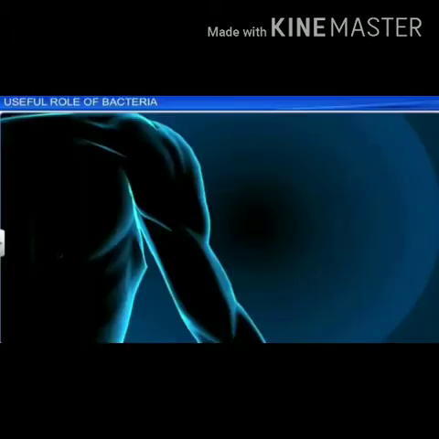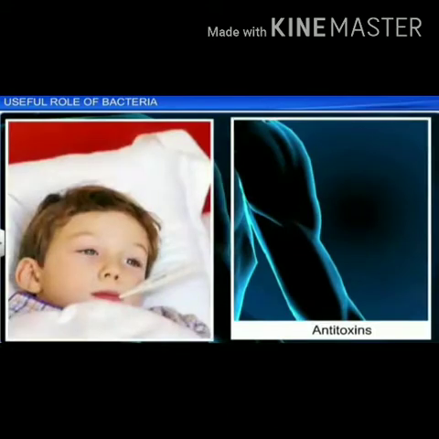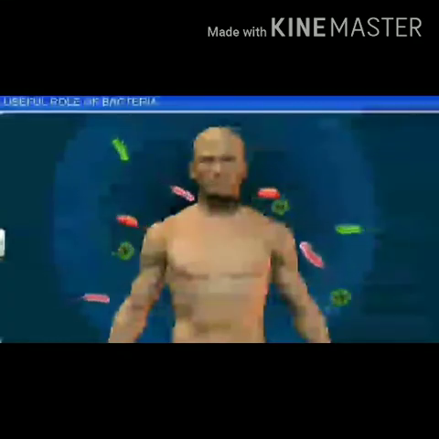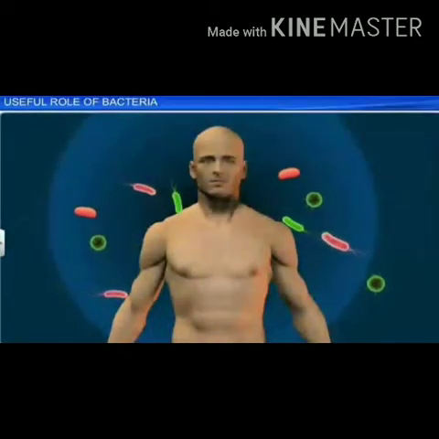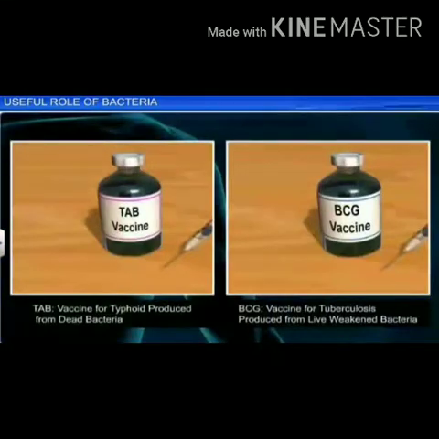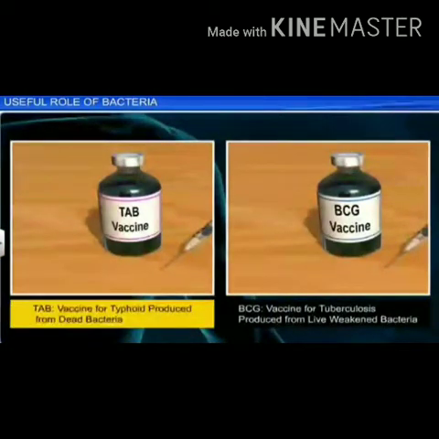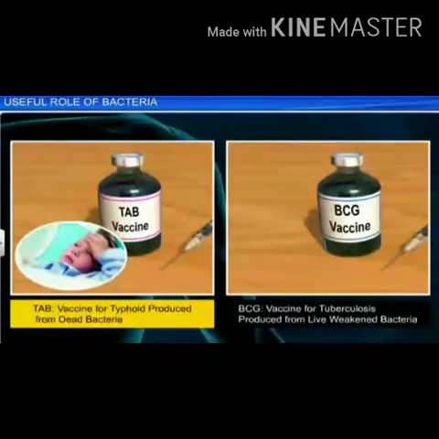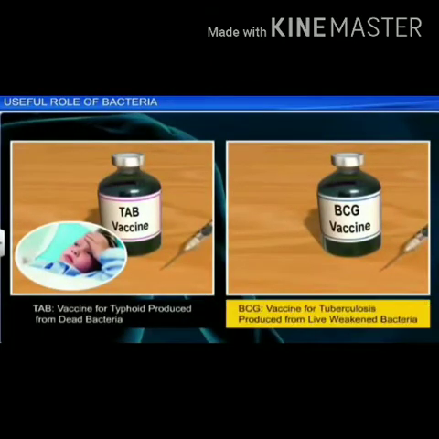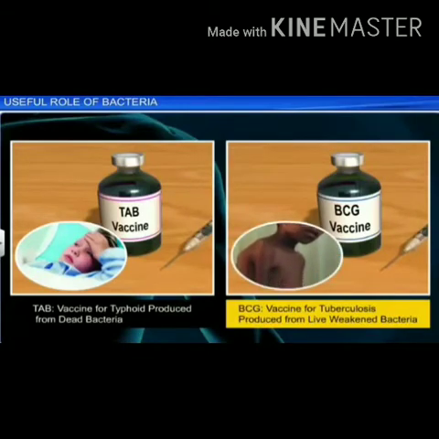On injecting a vaccine, the person gets a mild form of the disease, and the body is stimulated to produce antitoxins that provide immunity to the body against future attacks by the specific disease-causing germ. Some common vaccines include the TAB vaccine for typhoid, produced from dead bacteria, and the BCG vaccine for tuberculosis, produced from live weakened bacteria.